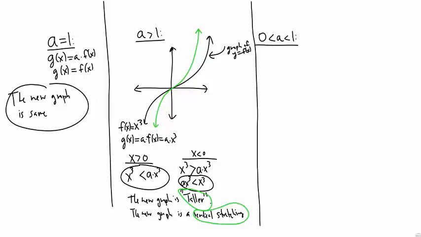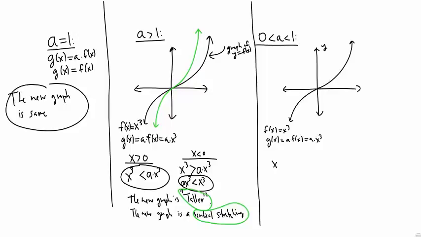What about when a is between 0 and 1? Let's look at the same example. When x is positive, both of these outputs are positive.